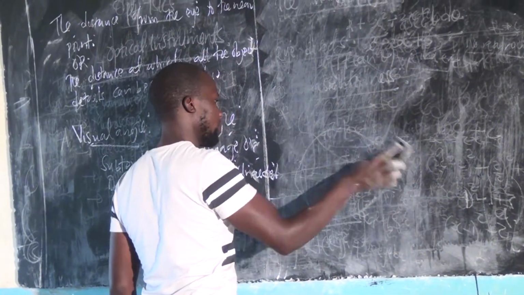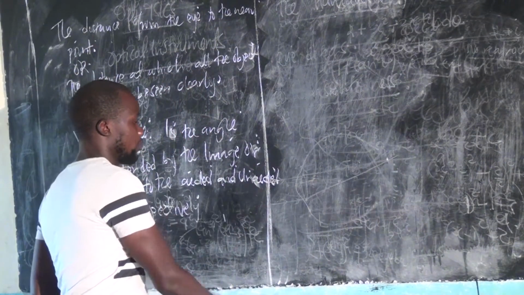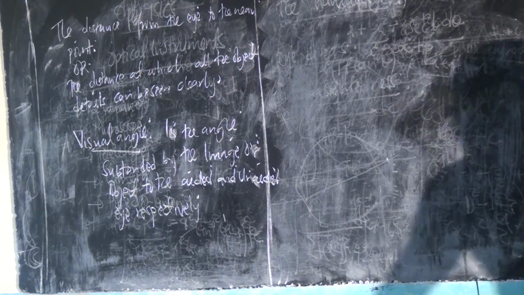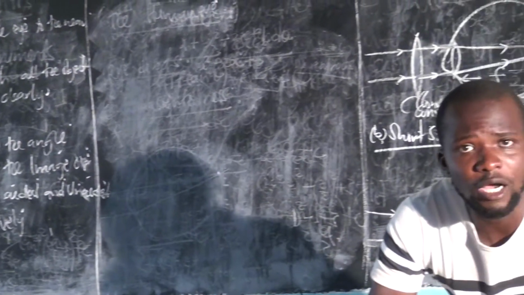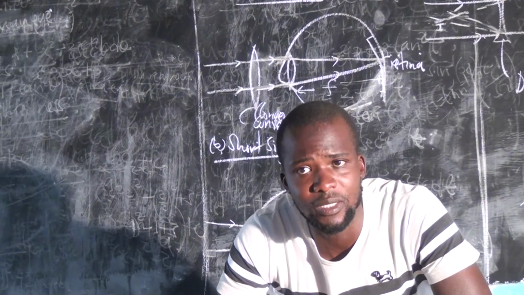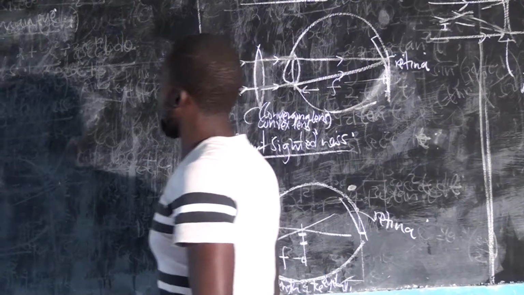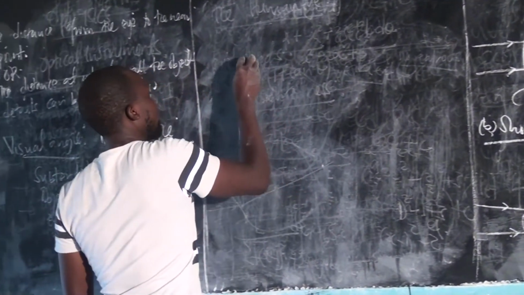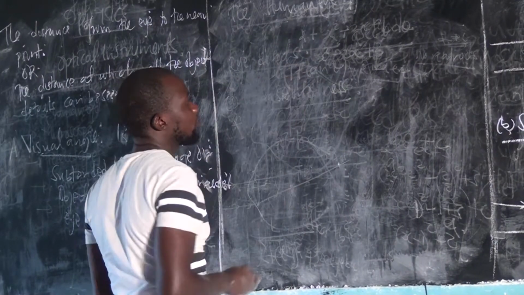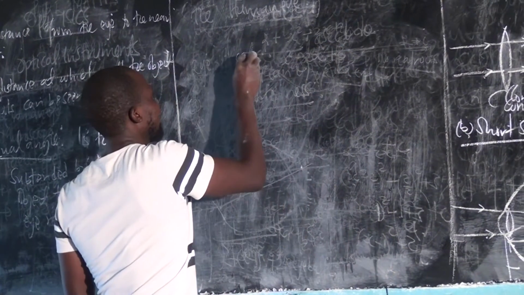Relationship between the visual angle and the distance, the relationship between the visual angle and the size of the object or size of the image that you are viewing, like that. Imagine, I don't know whether you have imagined this so far, a particular number of trees being in line.